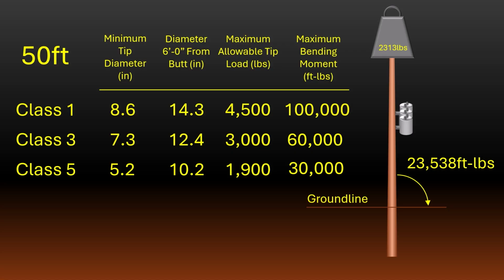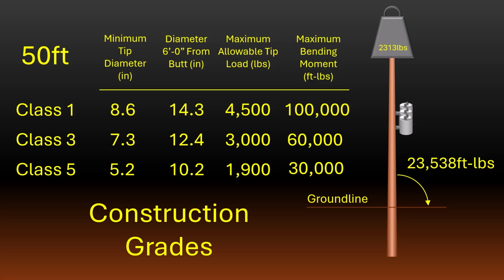2 quick things before we conclude. The chart we've been looking at with the different loading values was created as an example. Be sure to refer to current standards within the NESC, the GO 95, and your local utility guidelines for more accurate information. Also, different types of overhead line construction have been categorized as different construction grades.